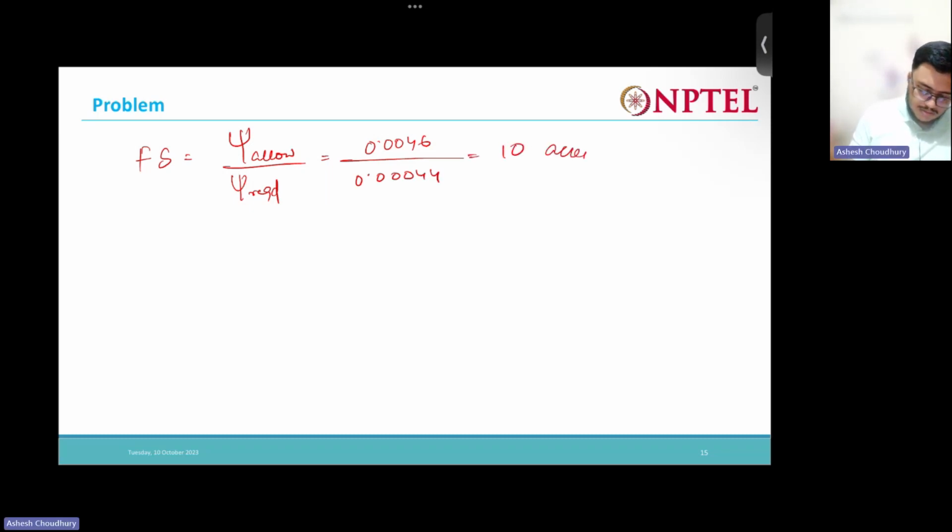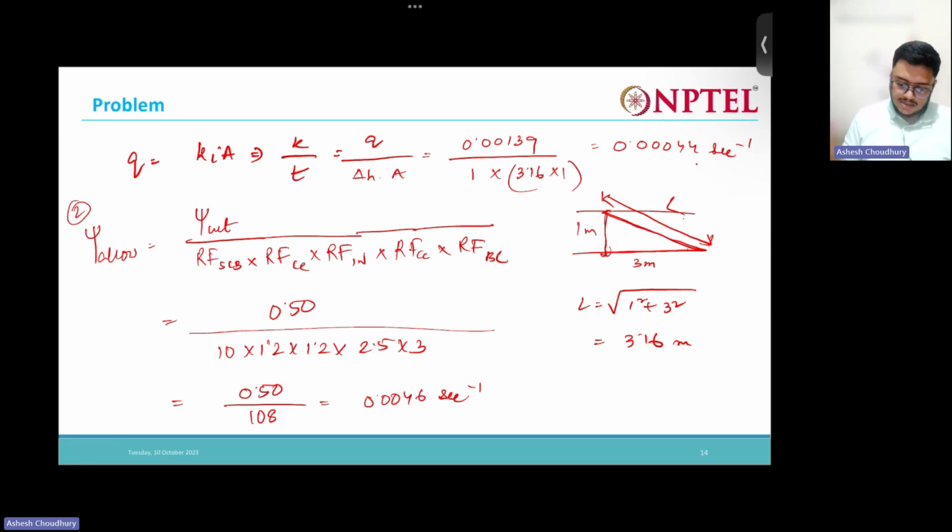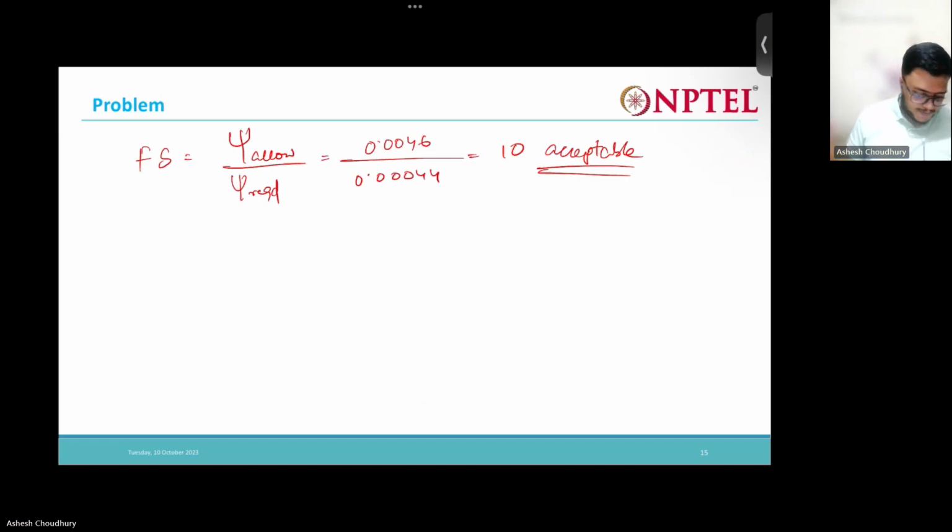Ten, which is acceptable, right? So this much is allowable and the required is this much. Allowable by required, I get the factor.